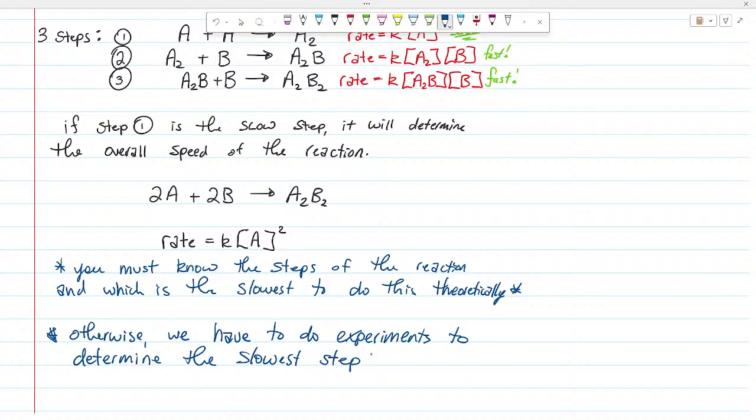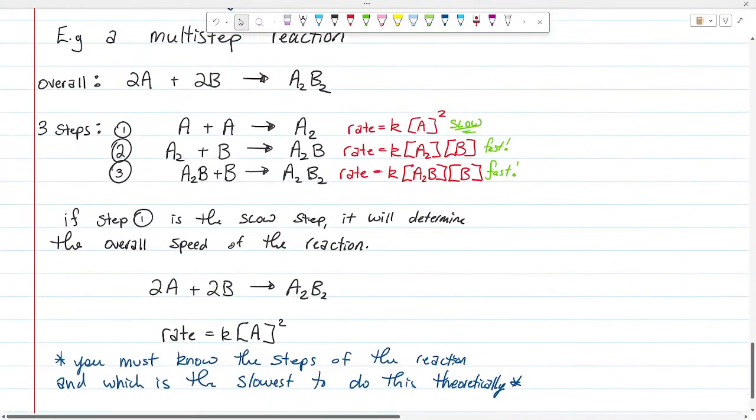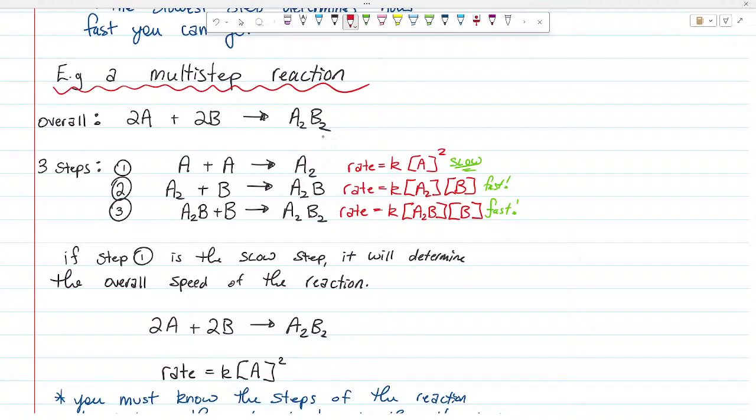Yeah. So if you go up to the overall reaction, you write the rate as concentration A squared, concentration B squared, if it were a one-step reaction. But we're told right here that this is a multi-step reaction. And again, you can test that, because if this is a one-step equation, then doubling A will make it go 4 times as fast, and doubling B will make it go 4 times as fast.